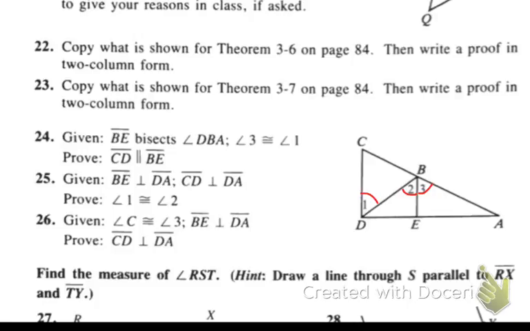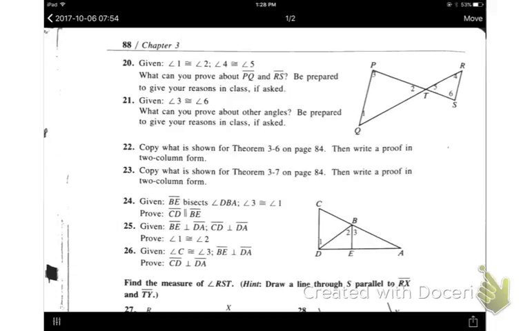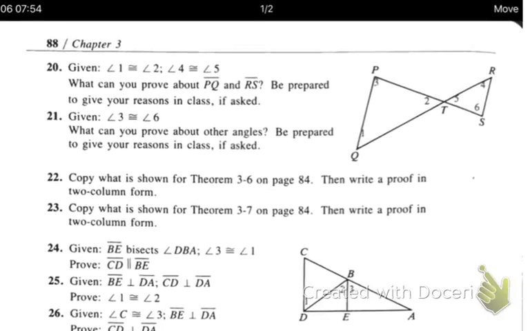Okay, other questions? Yeah. I don't understand how to do number 20. So 20 was just asking for stuff that could be true.